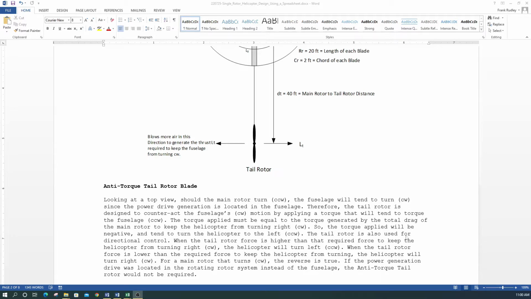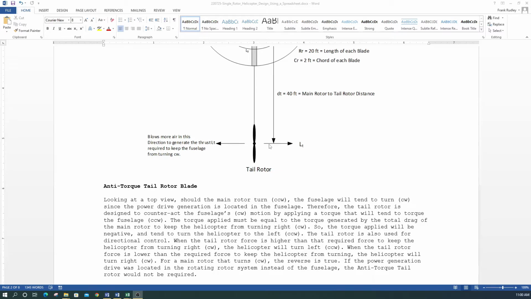The tail rotor is also used for directional control, so it's a good way to control the direction of the nose of the aircraft. When the tail rotor force is higher than the required force to keep the helicopter from turning right, the helicopter will turn left. So if we make this force higher, this thrust has a bias on it to stabilize it.